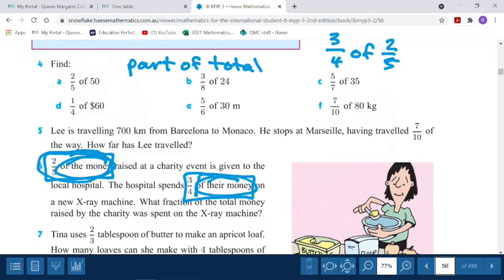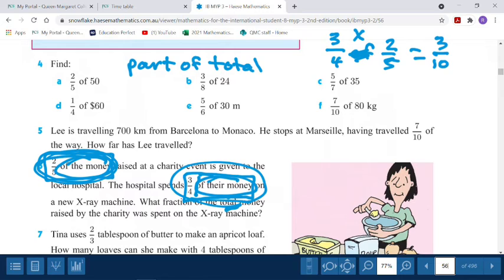So if you have trouble rearranging these, if they're fractions, remember it's always part of the total. Their part that they got was 2/5, and they spent 3/4 of it. That's 3/4 of the 2/5 they got. So it's part of the total. Now, you're just going to change that to multiply. And can someone tell me what number you got?